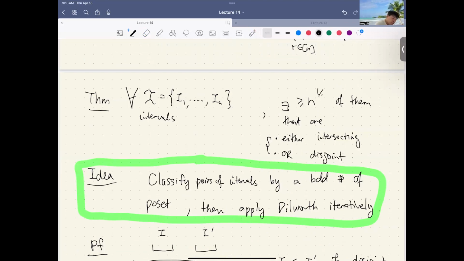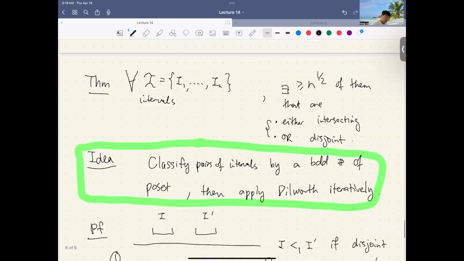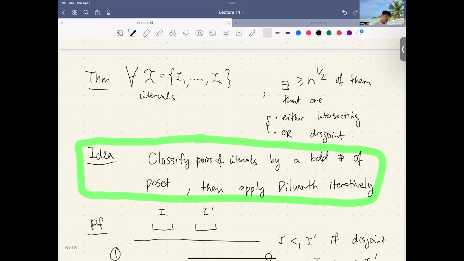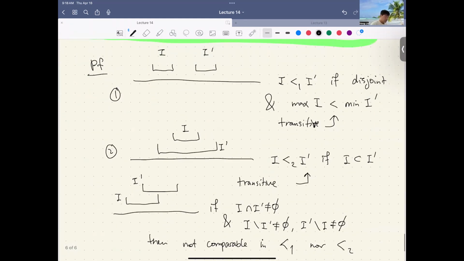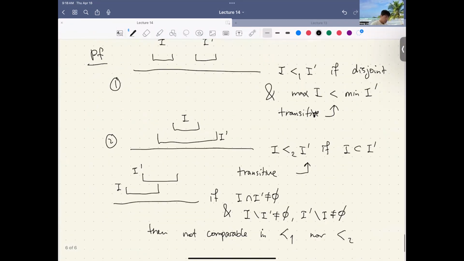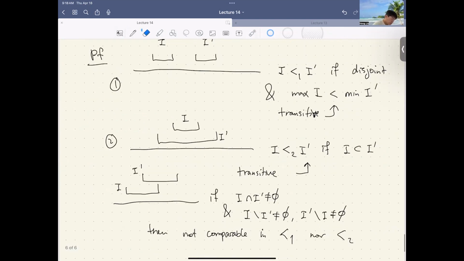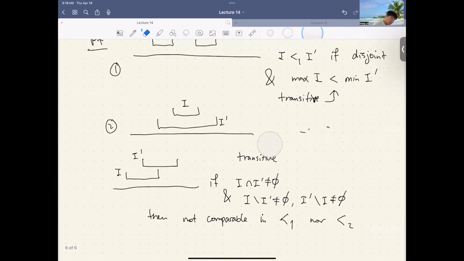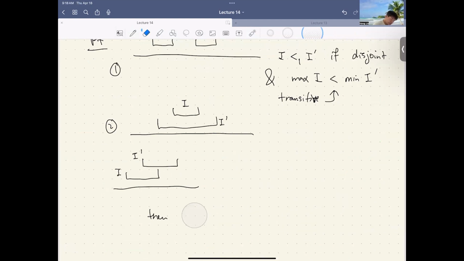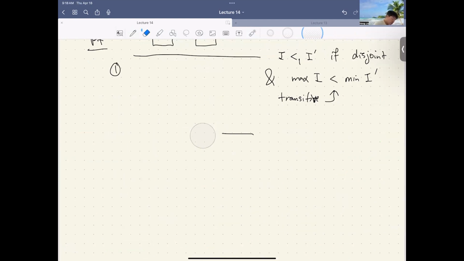And this is the optimal bound, square root n, all right? Square root n such that they are either pairwise intersecting or pairwise disjoint. So I can delete these. I overcomplicate things.